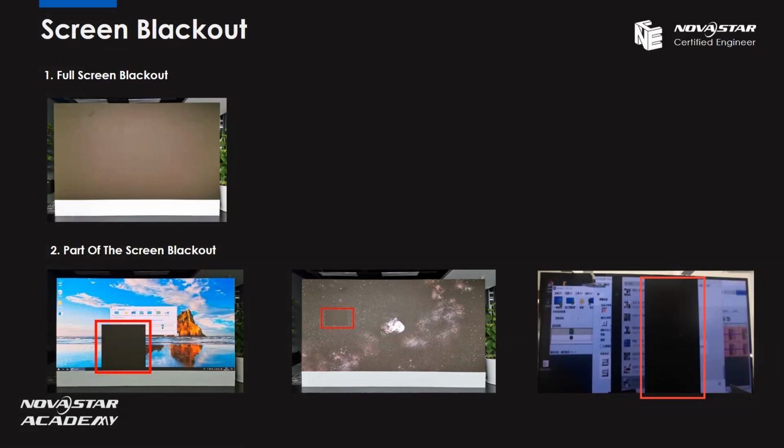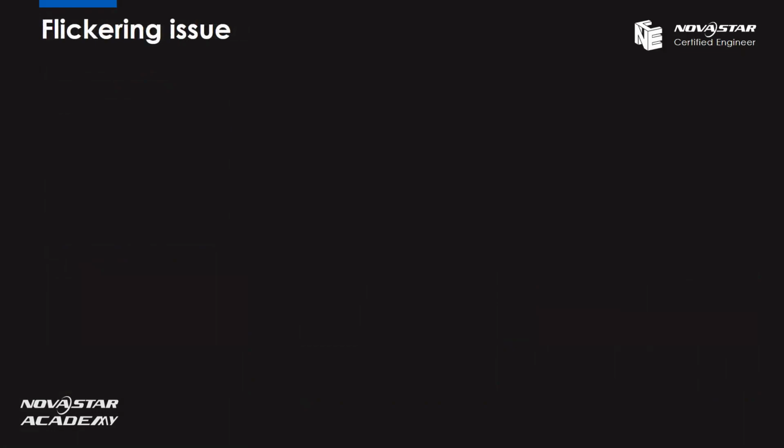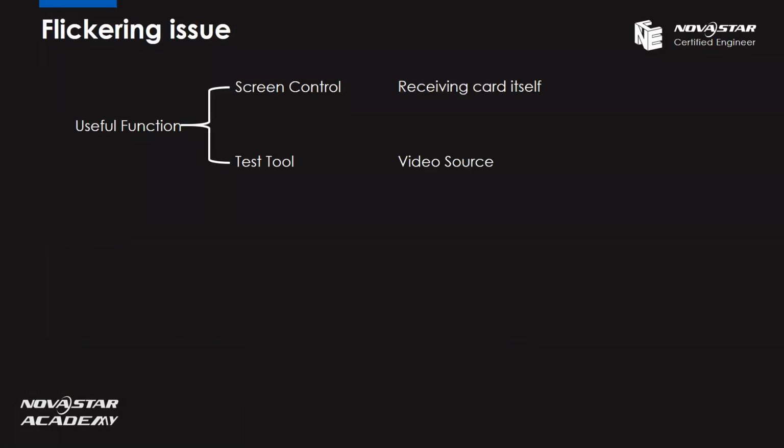Okay, do you remember the second problem is the flickering issue? So actually, is there a flickering cabinet on your screen? So what's the possible reason? Do you remember? Yeah, first is the receiving card.